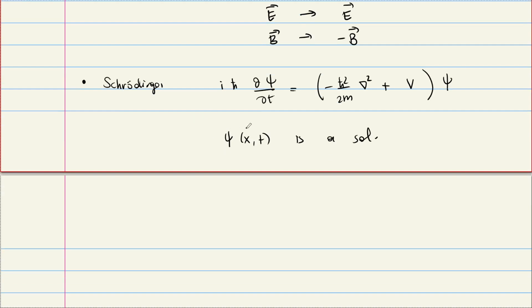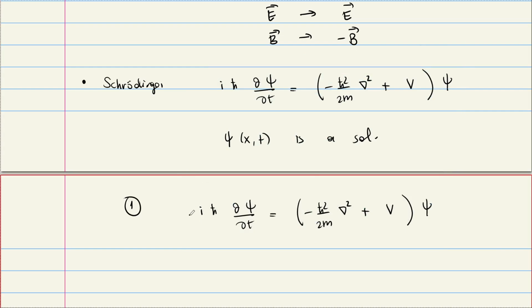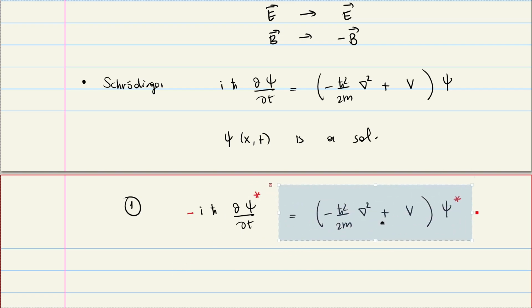So the way we do it is in two steps. Number 1, I'm going to take the complex conjugate of this equation. So if I take the complex conjugate, I'm going to have minus here, complex conjugate here, and complex conjugate here. Actually, let me also put the arguments. So this is x, t.